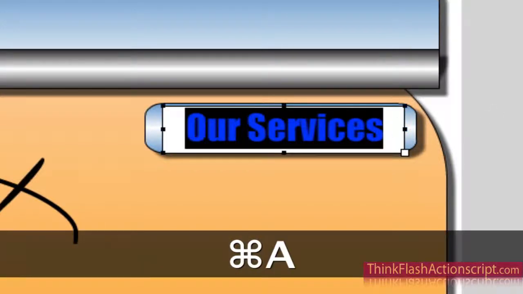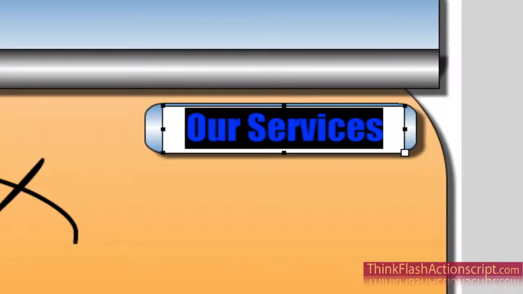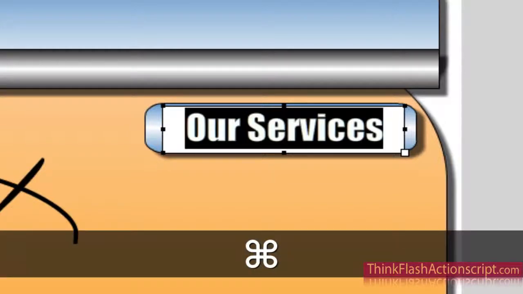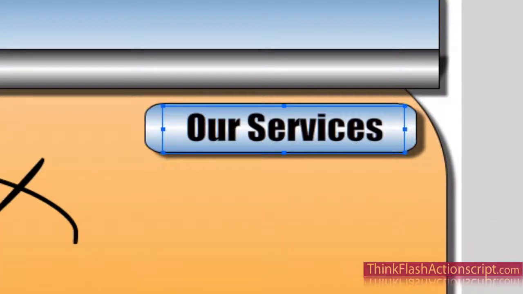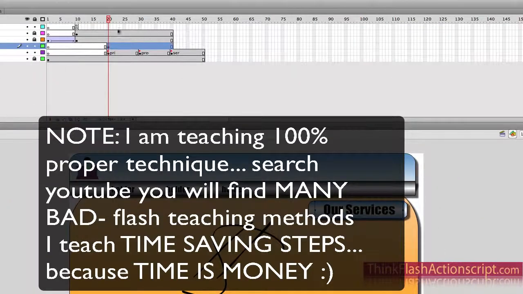Now after careful consideration, let's not jump through hoops here. Let's just make this black. So it says our services. Okay. Now it has an instance name, so if it has an instance name, I can talk to it. I'm not using 4 text boxes, I'm using the same text box. Now when does this happen? Again, logical deductive thinking.